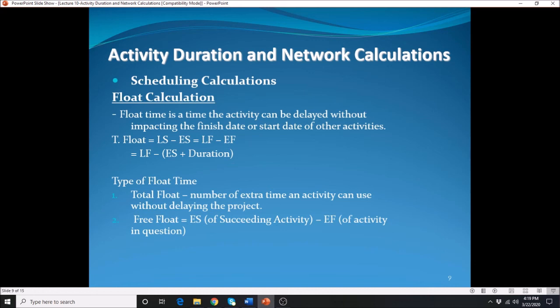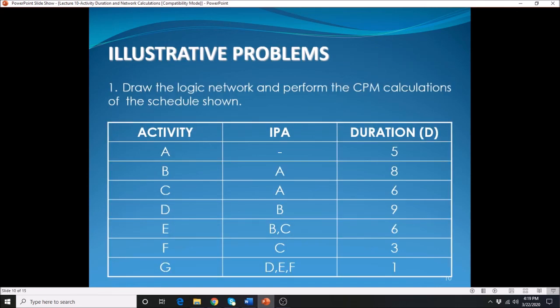You need to consider the minimum of the early start of those, minus the early finish of the activity in question, or the activity for which you are determining the free float. Anyway, I'm going to show you that and clarify it as we move on to the problems. Alright, so let's take a look at this one here.